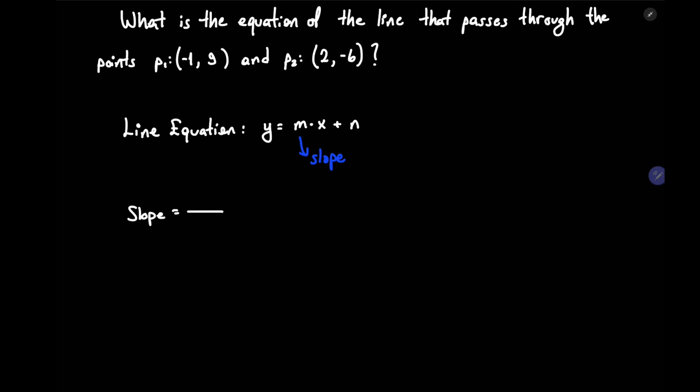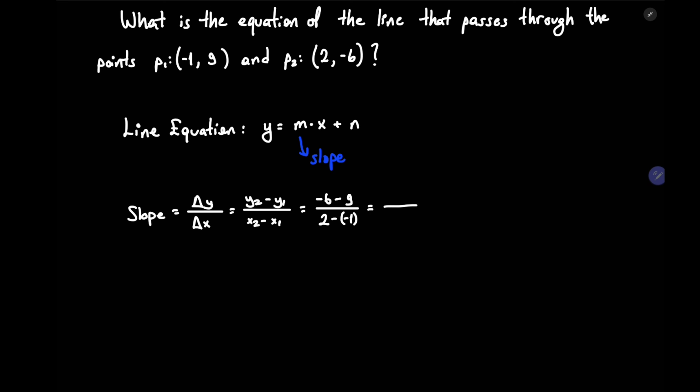Slope is equal to the change in y value over change in x value, which is (y2 - y1) over (x2 - x1), and that equals (-6 - 9) over (2 - (-1)).